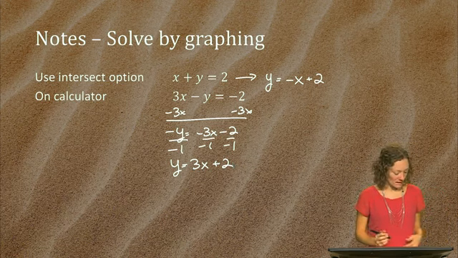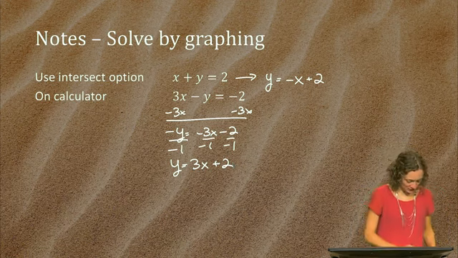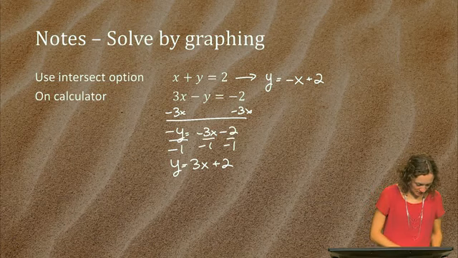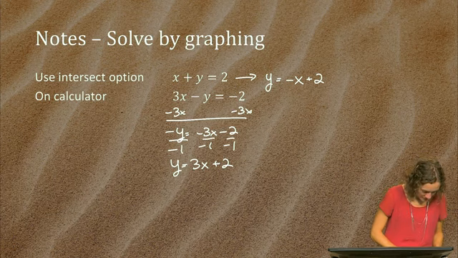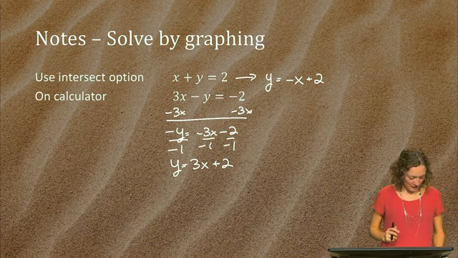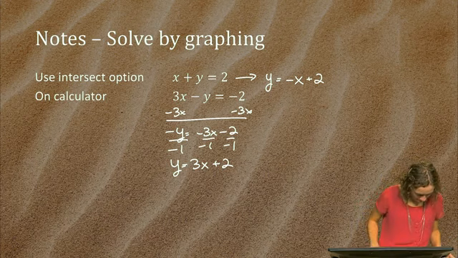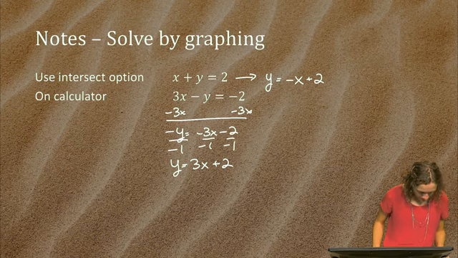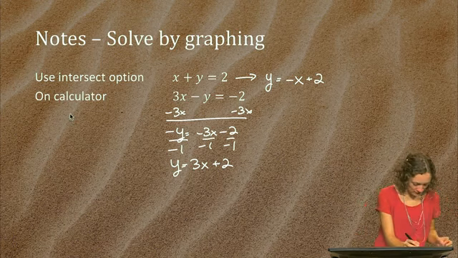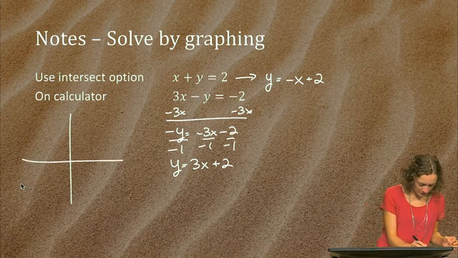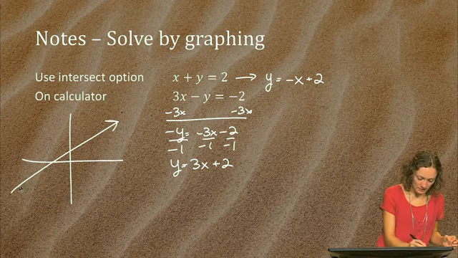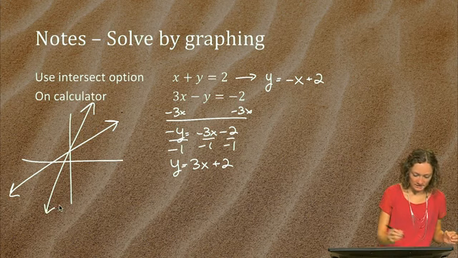So go to your y equals screen on the calculator and type each of these in: negative x plus 2 and 3x plus 2. Then go to your graph. You can see these two lines interacting with each other. I'll give you the general sketch if you're not typing it along on your calculator. Something like this and something like this.